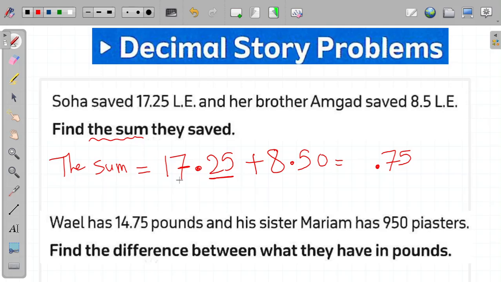Next, I have 17 plus 8 equals 25. So the sum of the two numbers will be 25 and 75 hundredths. So the sum of what they saved is 25.75 pounds. And this is the first example.